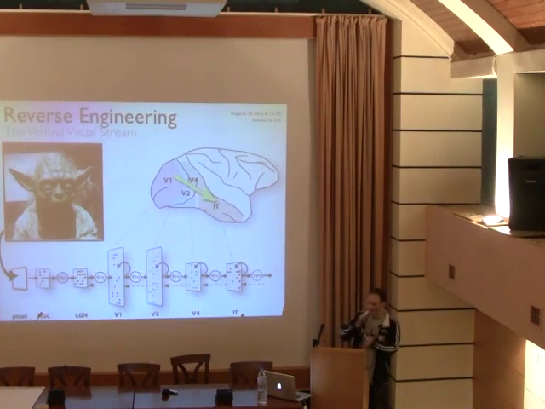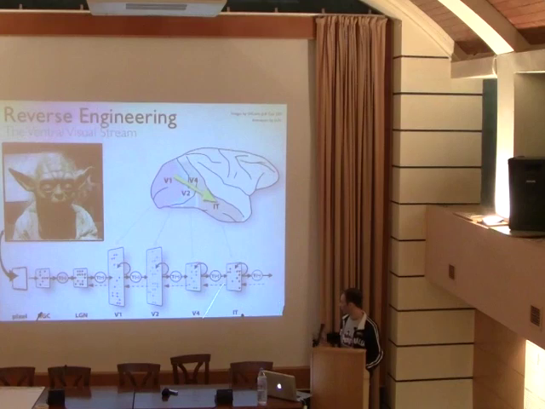The way people think about it is that this transformation is a canonical module, a canonical circuit, applied again and again. Exactly the same function, the only thing that changes is the input and the output of that function. We are really hoping that's the case because engineering-wise, that would make the brain much easier to understand. People think that cortex is cortex, and what changes is the input that flows into the circuitry.